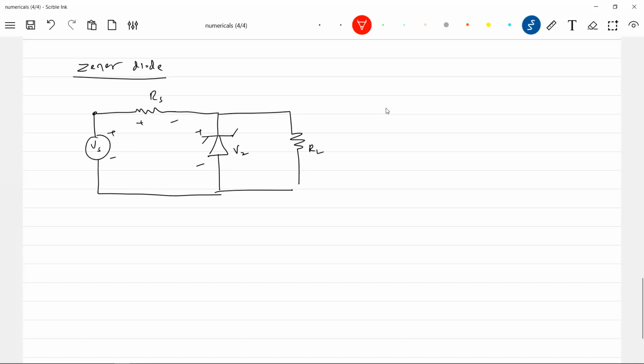This current will be called Is, this Iz, this IL. Okay, what is our requirement? My requirement is such that I should get a constant potential drop across the load. This is called the load. The current through the load must be constant and the potential drop across the load constant.